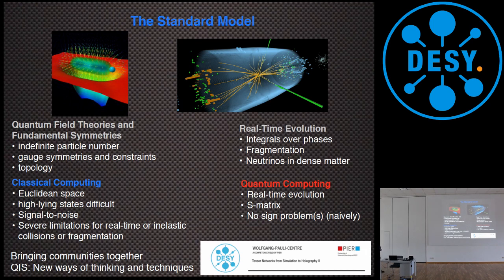Typically in classical computing, you work in Euclidean space, where high-lying states, so excitations, are difficult to get at. There are signal-to-noise problems one encounters, and there are severe limitations for real-time processes. With a quantum device, you can do real-time evolution. You can construct your calculations in such a way as to directly access S-matrix elements, even ones that are highly inelastic, and there appears to be no sign problem.